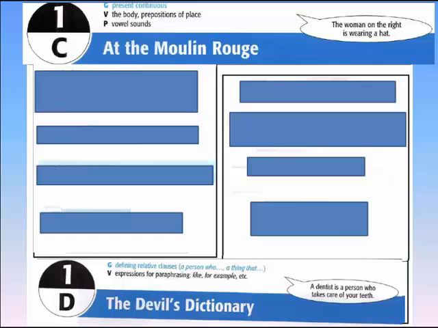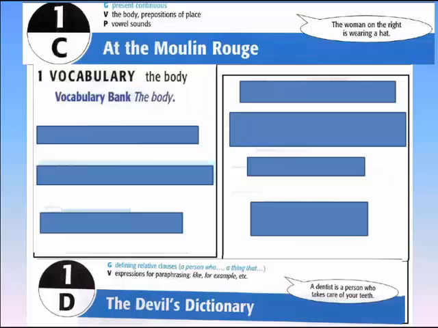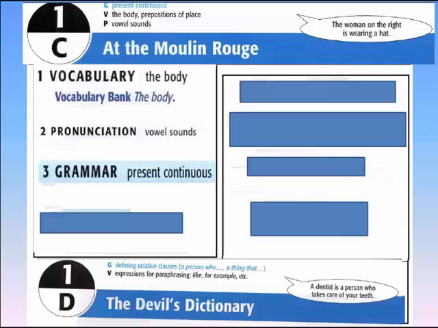Specifically in 1C, first we will be studying the vocabulary of the body. Next, the pronunciation of some vowel sounds. We will be analyzing how the vowel sound sounds and how it is written.